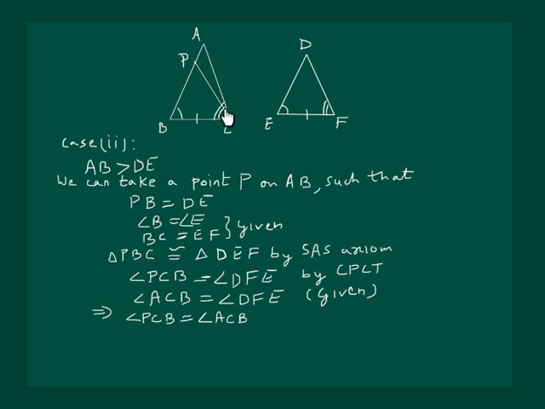Let us look: PCB is this angle, while ACB is the complete angle.